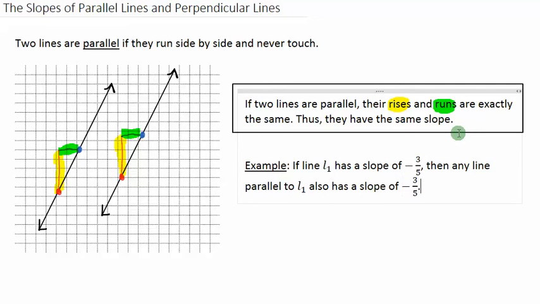Okay, so I just wanted to see concrete numbers here. The slopes are exactly the same when you're dealing with parallel lines. Let's do the same analysis on perpendicular lines. It's a little trickier.